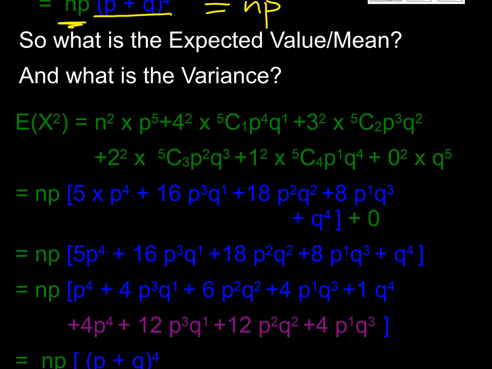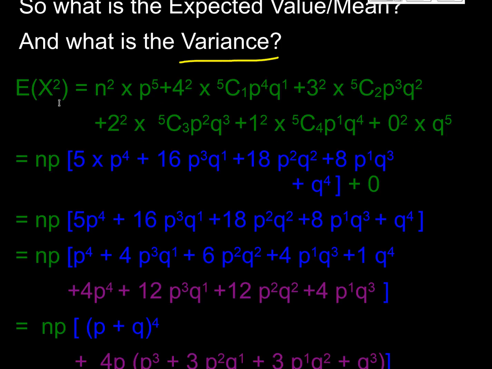So what's our variance going to be? Well, we've got to get our expected value of x squared, and then we've got to correct a bit later on for the fact that our mean isn't 0. As we did before in the green, we've got our n squared here. If we had this n times, that would be 5 in this case, 5 squared.